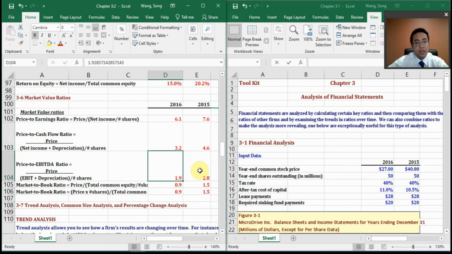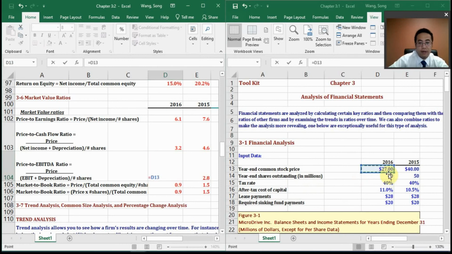Okay, the next one is the price to EBITDA ratio. EBITDA stands for earnings before interest, taxes, depreciation, and amortization. So this time, again, I will use the price divided by the EBITDA ratio. So in the EBITDA ratio, you need to, again, have two sets of parentheses.